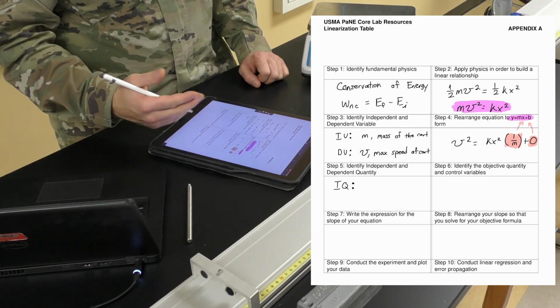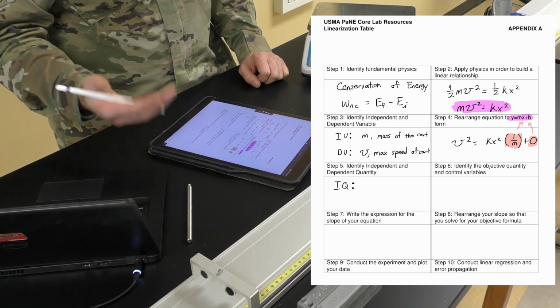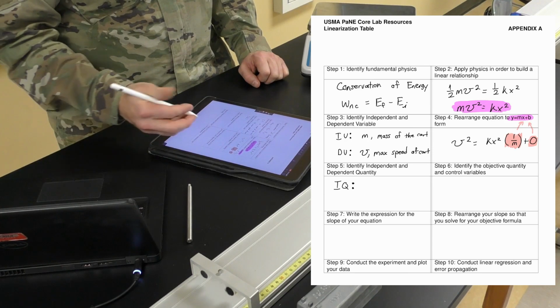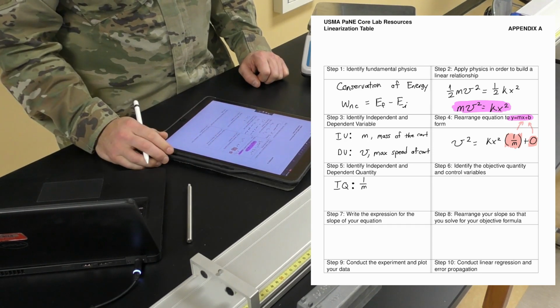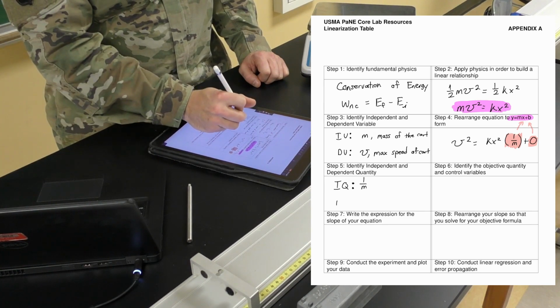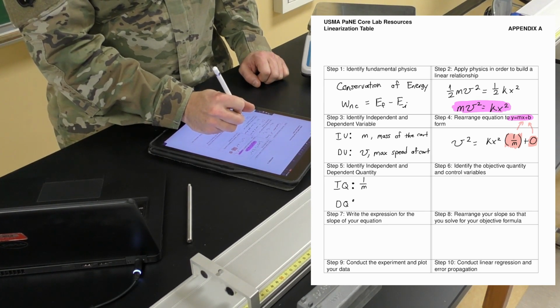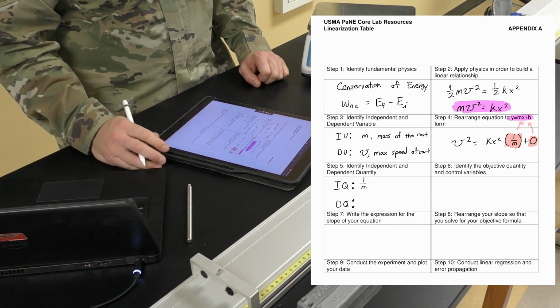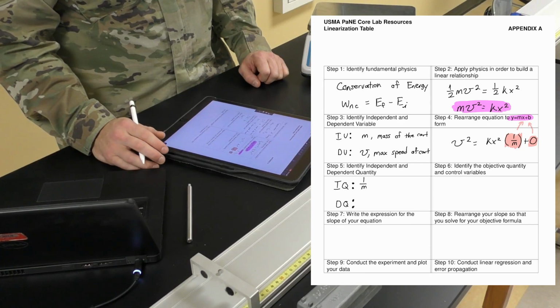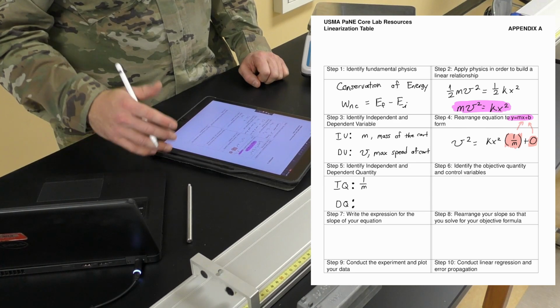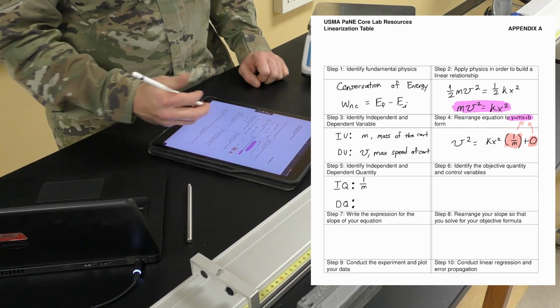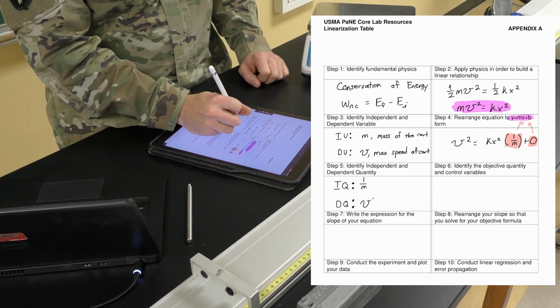In the case of this experiment, the function of my independent variable that I'm going to plot on the x-axis is 1 over mass. And now my dependent quantity is going to be a function of my dependent variable, so it's going to be a function of the maximum speed. In this experiment, it is going to be the speed squared.